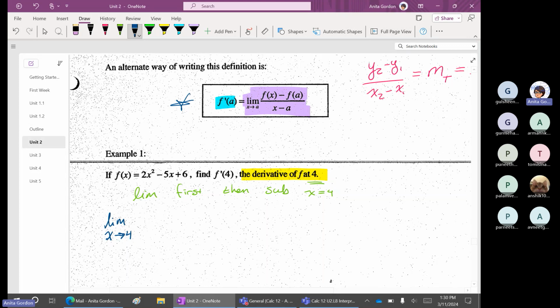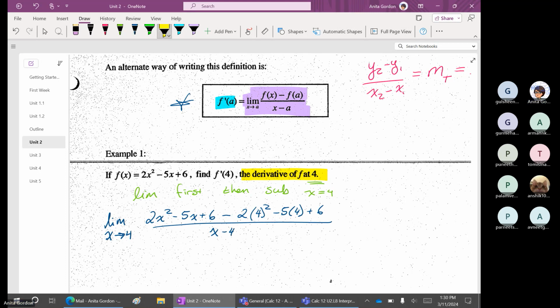The limit as x approaches 4 of the function 2x squared minus 5x plus 6 minus the function evaluated at 4: 2 times 4 squared minus 5 times 4 plus 6, all over x minus 4. This part, hopefully you can kind of do in your head or throw into a calculator.